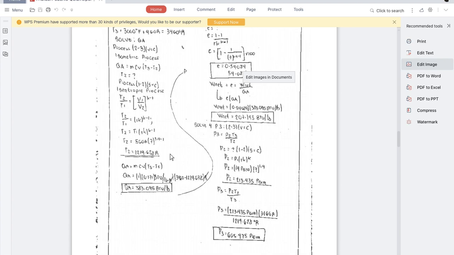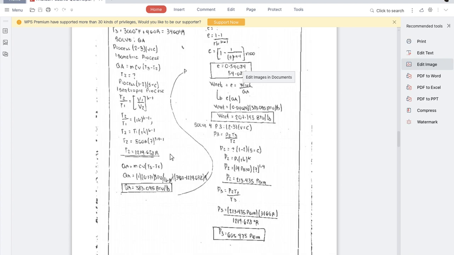The formula for P2 is P2 equal to P1 rk raised to k, which we got from process 1 to 2 equal to C, which is P1 V1 raised to k over V2 raised to k equal to P2 V2 raised to k over V2 raised to k. So for this, P2 equal to 14 psia multiplied by 7 raised to 1.4. The answer for P2 is 213.435 psia.